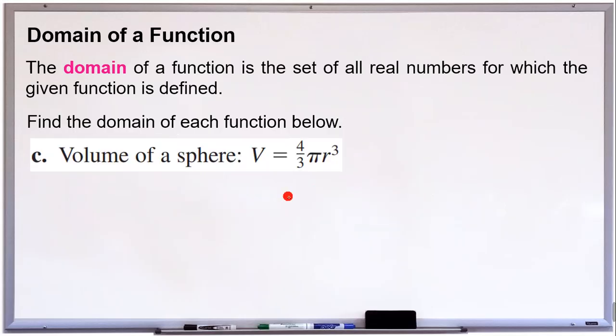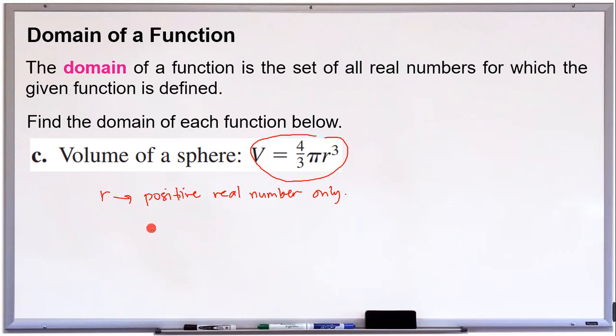For letter C, the volume of a sphere, which is represented by this formula, V is equal to 4/3 pi r cubed. For the case of the sphere, of course, the radius r should be a positive real number only.